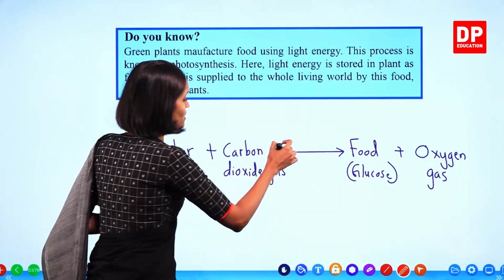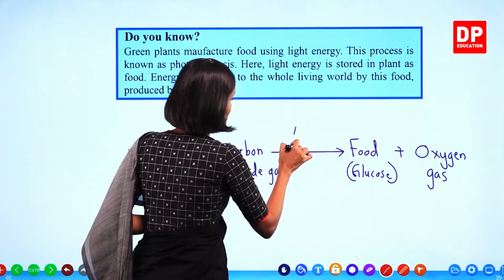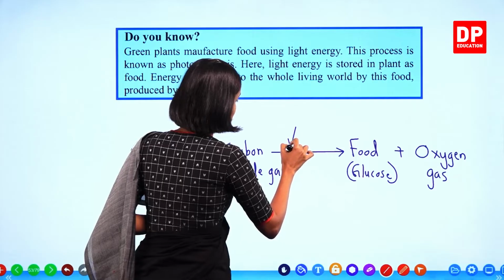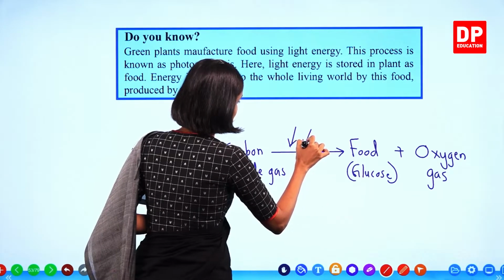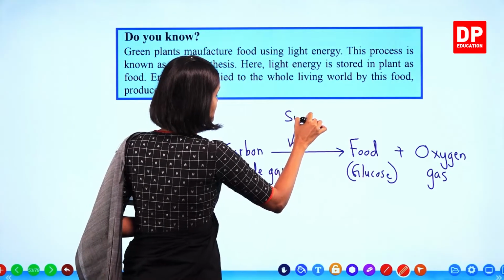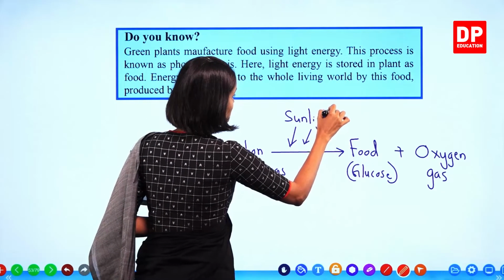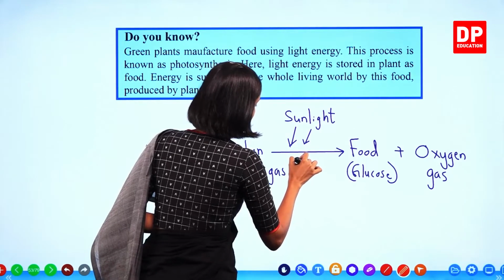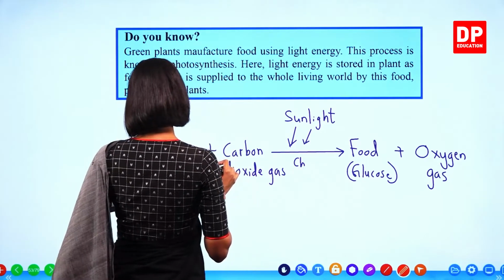Right? So we can write it like this. Because the process takes place in the presence of sunlight and chlorophylls, we can write sunlight like this and chlorophylls. We'll use a different color.